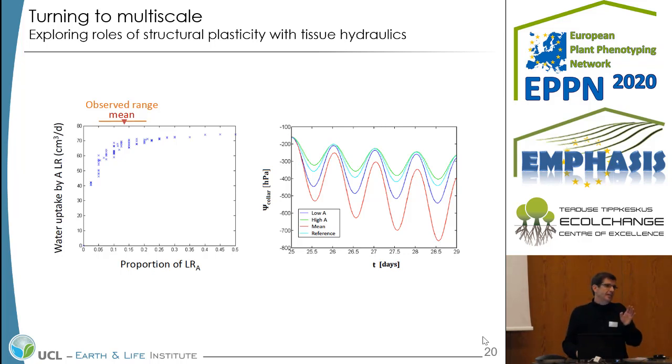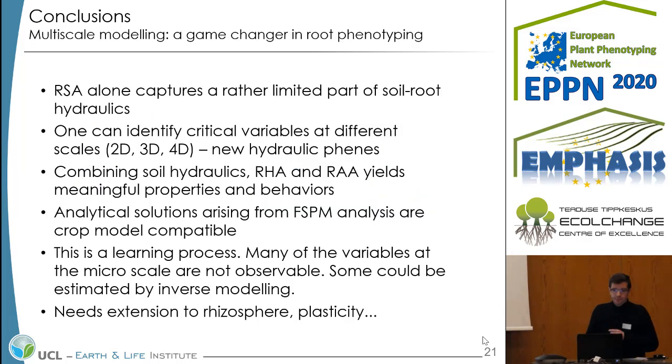If you try to say that all laterals are growing at the same rate, which is the average rate, then you get the worst situation. So actually the plasticity seems to be, or not the plasticity, the instability seems to have an added value in terms of efficiency of water uptake on the long term, because this is a several days experiment.